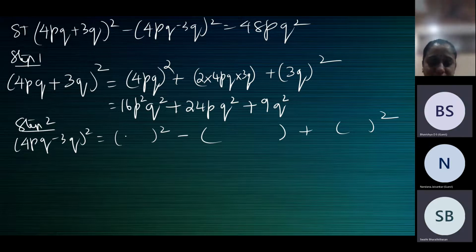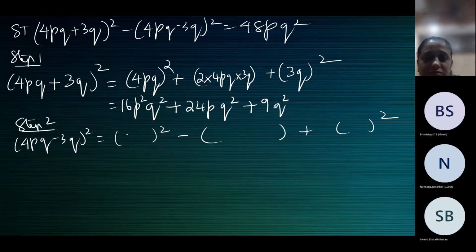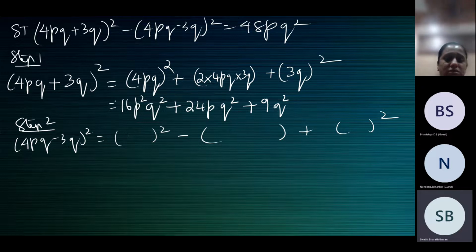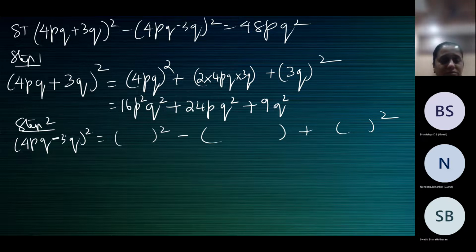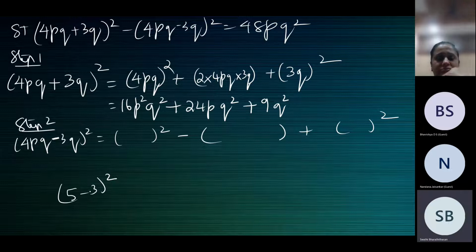Ma'am, I'm having a doubt. Yes, what's your doubt? Ma'am, why are we not distributing the minus sign to the 4pq minus 3q, ma'am? If you have like (5 minus 3) the whole square, where will you distribute minus?